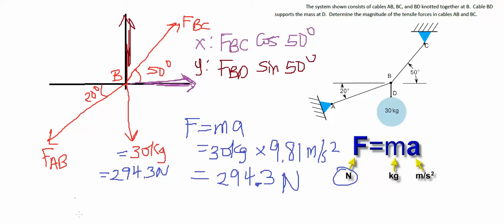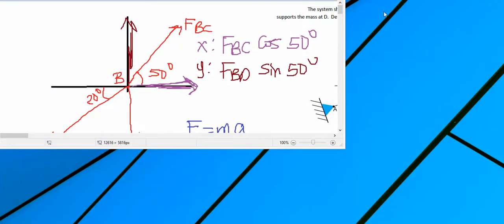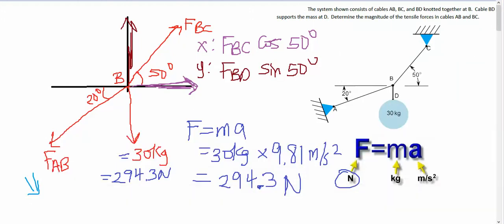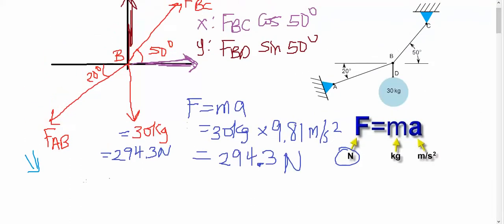So the same applies to FAB down here. So the x component would be FAB cosine of 20 degrees.